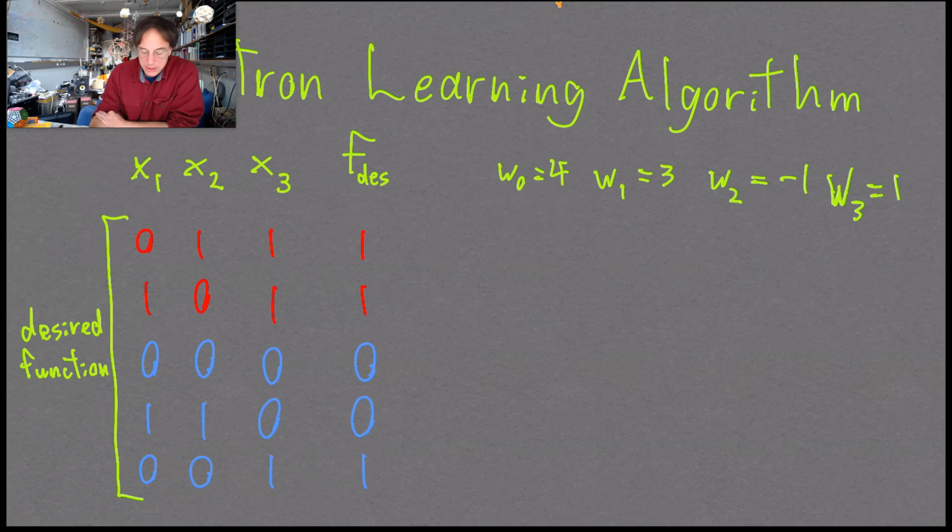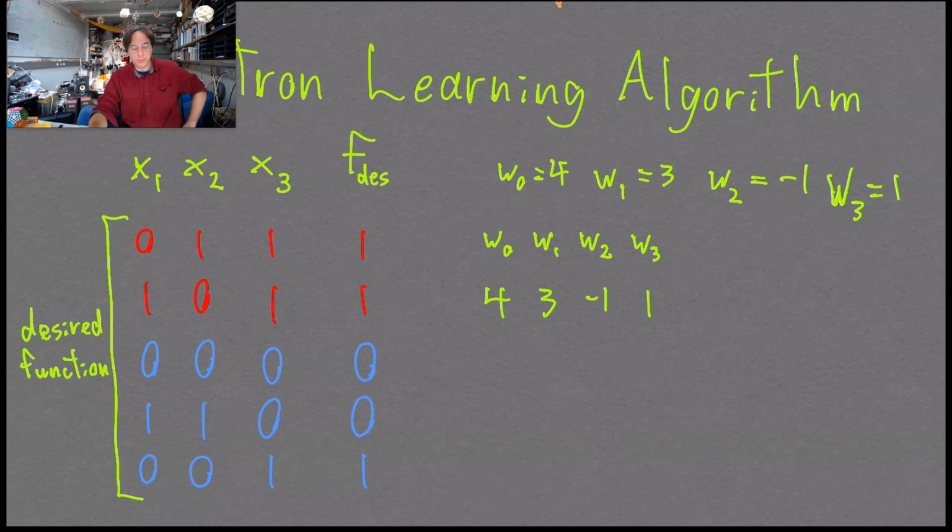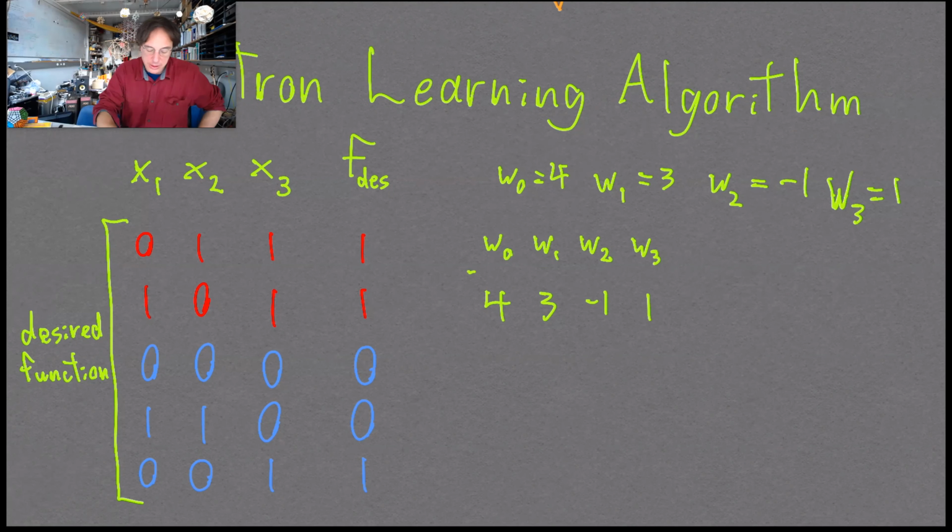And so now what do we do? We have a guess for our weights. We can just write this down as W0, W1, W2, W3. And we start out with 4, 3, -1, and 1. Now we just try things, and we see when it works and when it doesn't work. For example, we would try this first example.